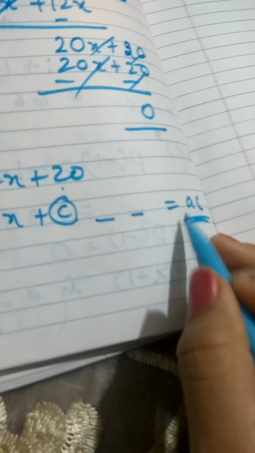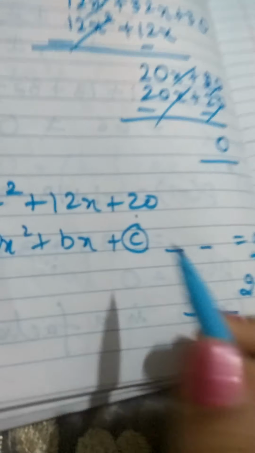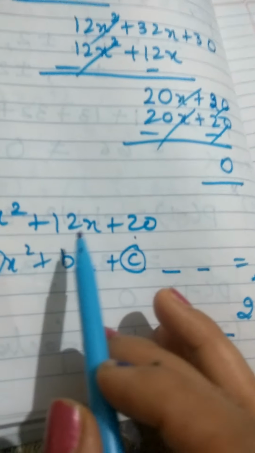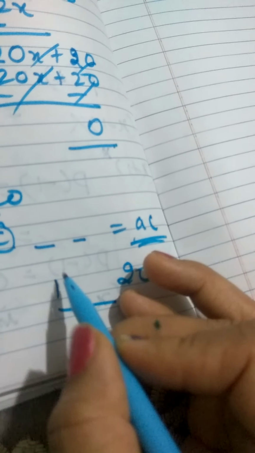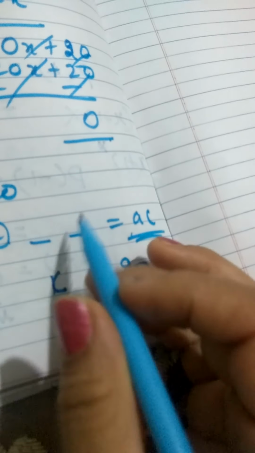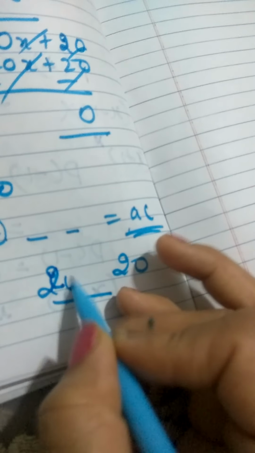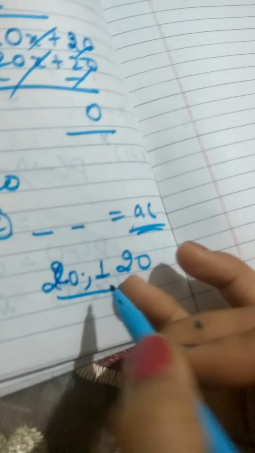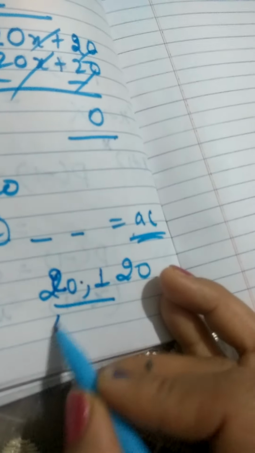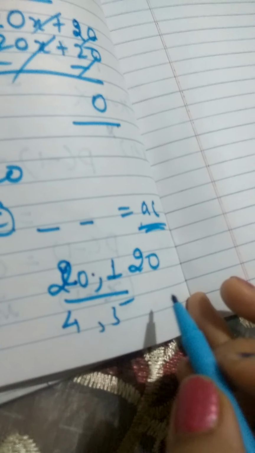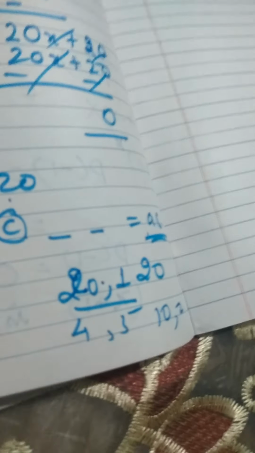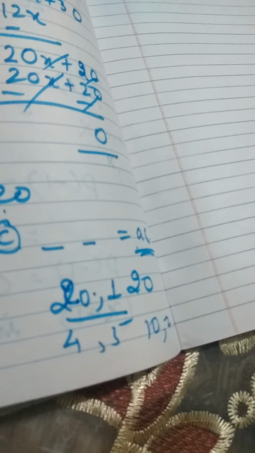So I have to find factors of 20 whose sum should give me 12. If I take 20 and 1, it will not give me 12, and 4 and 5 also don't give me 12. But if I take 10 and 2, then it gives me 12.